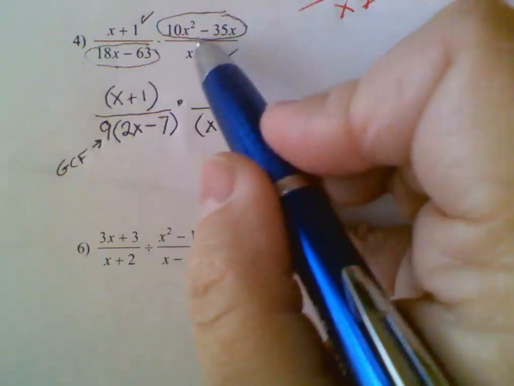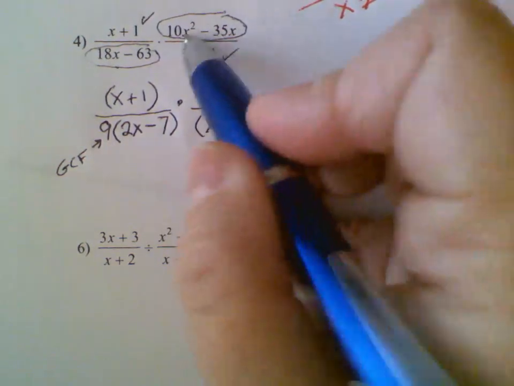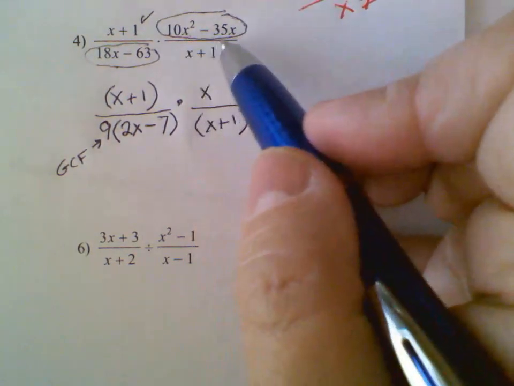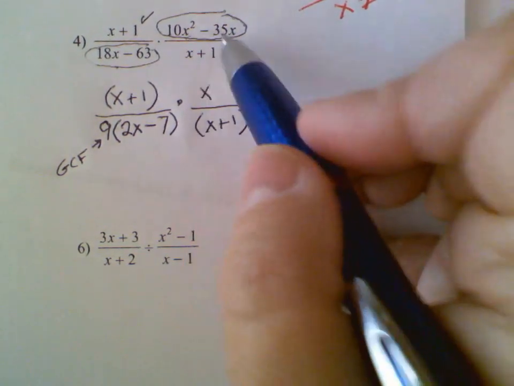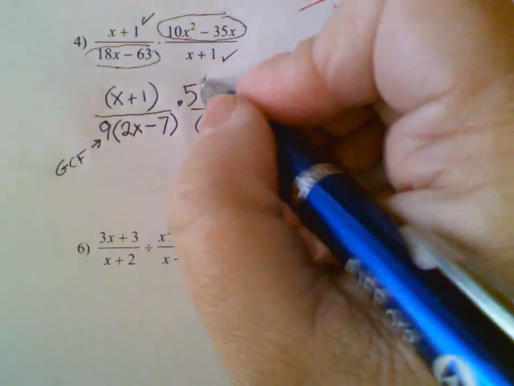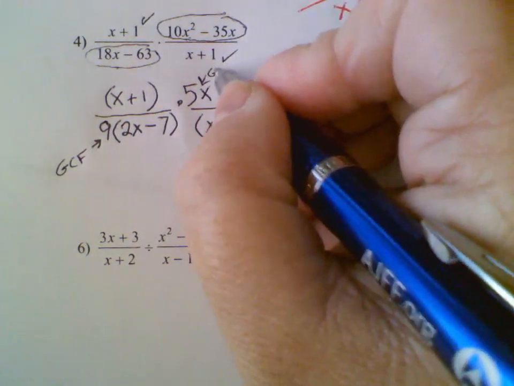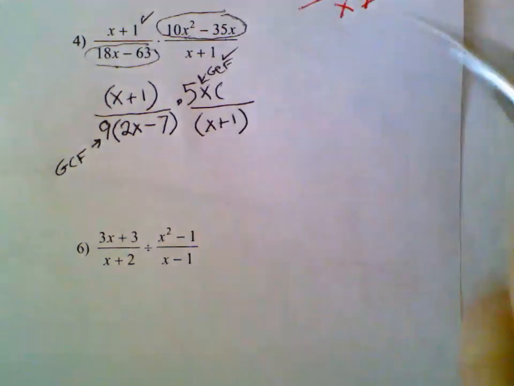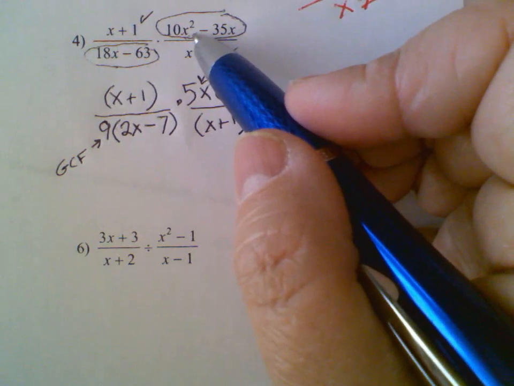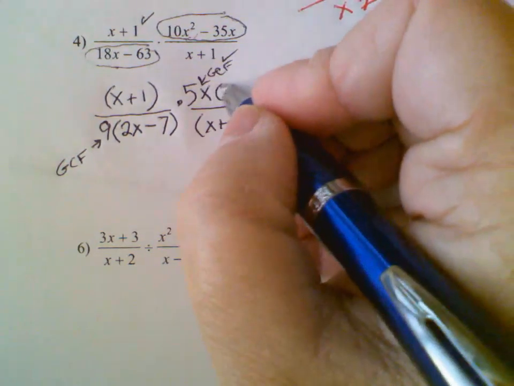In the numerator, I see I have an x in both terms, so I'm going to be pulling out an x, but I also see I have a 10 and a 35, and 5 goes into both of those. So I'm going to pull out, instead of just x, I'm going to pull out 5x. Again, that is my GCF. All right, so 5x times 2x gives me 10x squared.